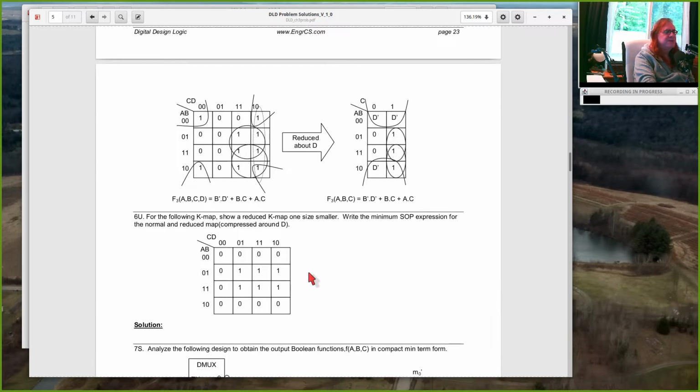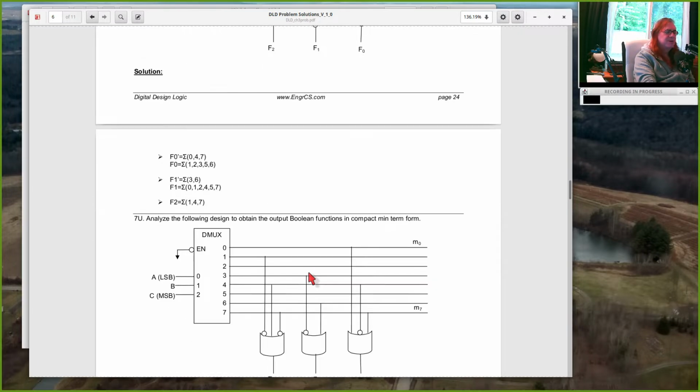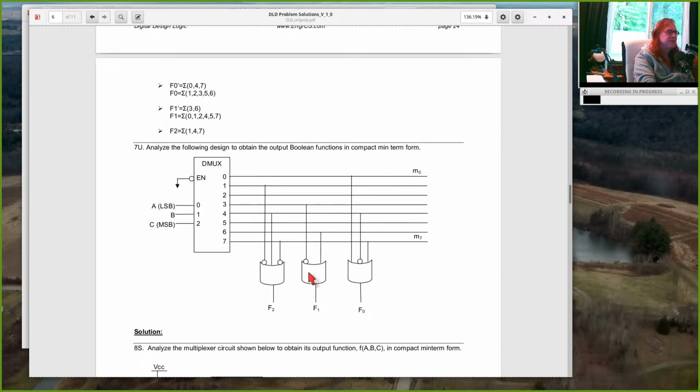4 we skipped, 5 we skipped, 6 we skipped, and then 7 we start talking about multiplexers and demultiplexers. And there is no trick to these questions. It's a matter of just kind of brutally looking at what a demux does, right? So this is a 3 input, 8 output.